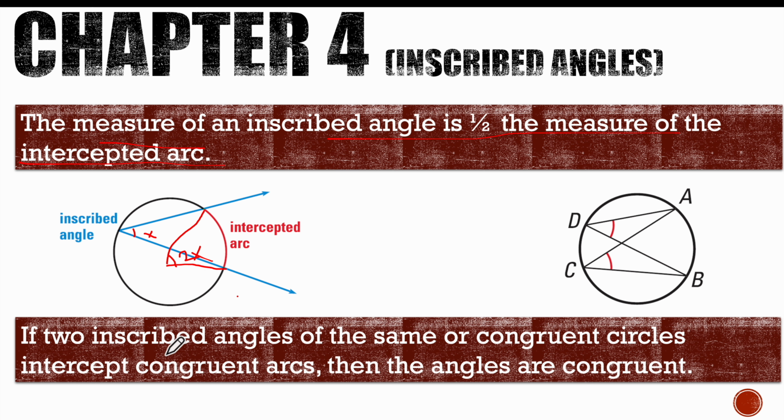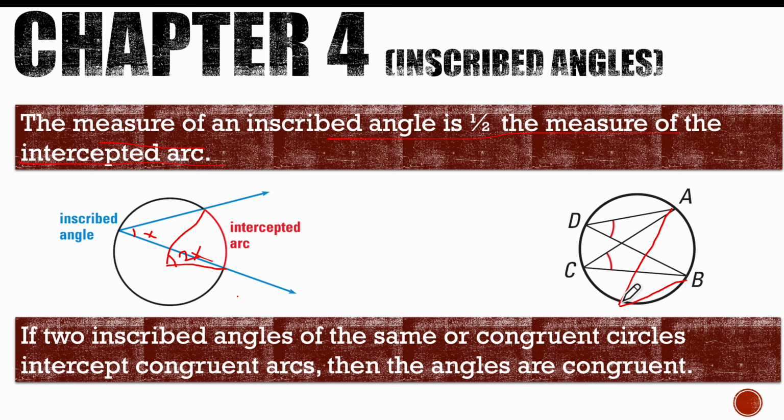If two inscribed angles of the same or congruent circles intercept congruent arcs, then the angles are equal. This is arc AB, and you can draw any inscribed angle from these two points.